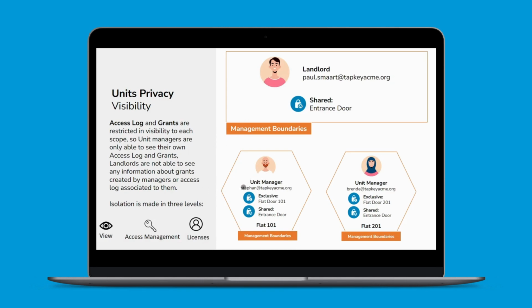Each one of the tenants is going to be able to manage, edit permissions, and see the access logs associated with their own permissions, but the permissions are never shared between tenants, or visible to the landlord. That's very important.